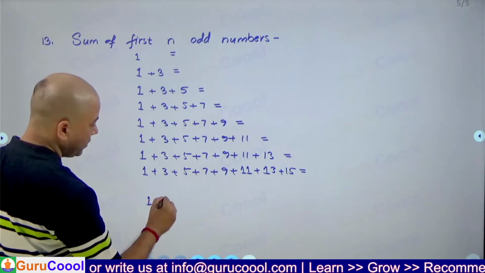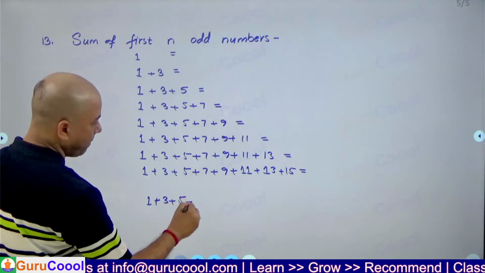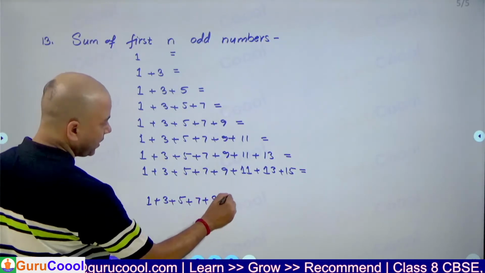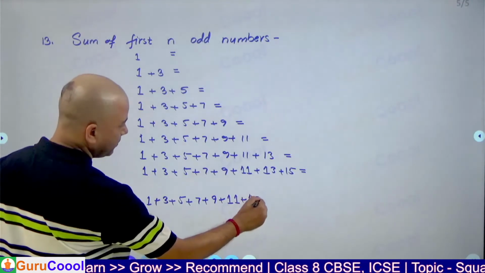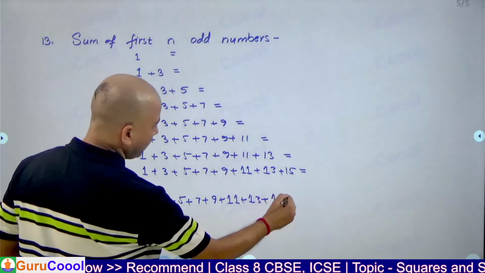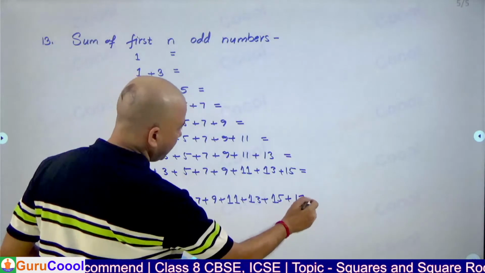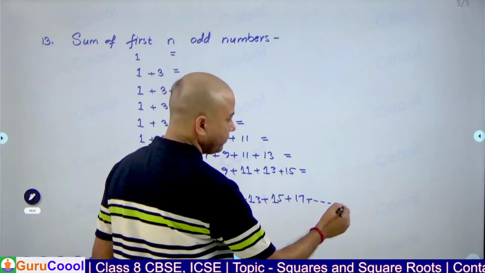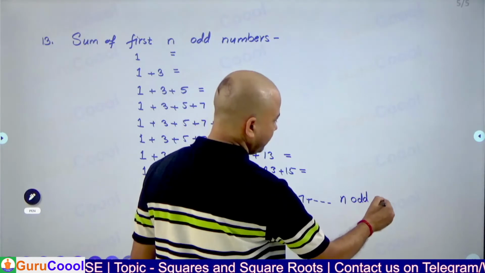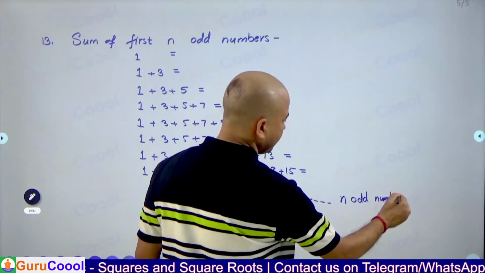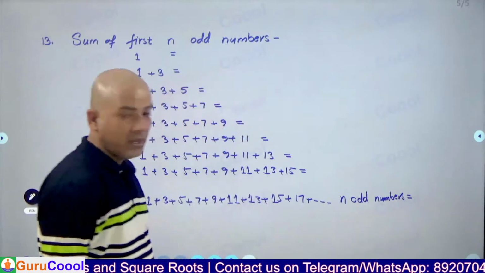Continue. 1 plus 3 plus 5 plus 7 plus 9 plus 11 plus 13 plus 15 plus 17 and so on, n odd numbers. So it's very easy.